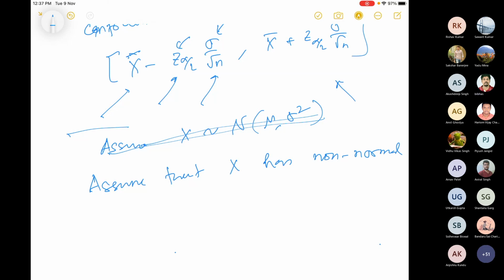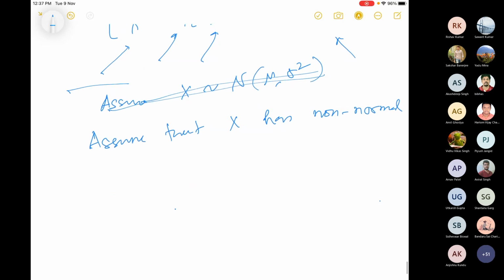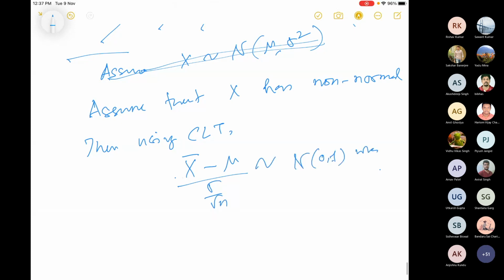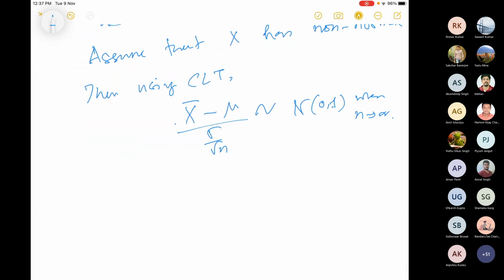If X is not normal, then using the central limit theorem, we can say that X bar minus mu by sigma by root n is standard normal when n is large. So this distribution is independent of mu and sigma.